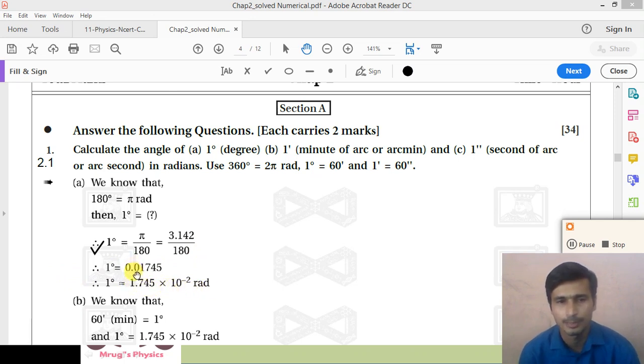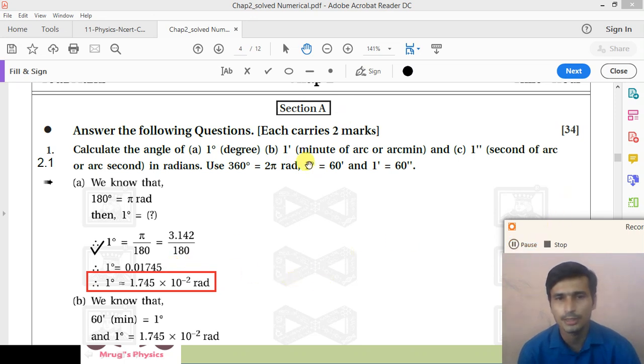If you convert into the power of 10, we get the answer 1.745 into 10 raised to minus 2 radian. So dear student, remember this value: 1 degree is equal to 1.745 into 10 raised to minus 2 radian.